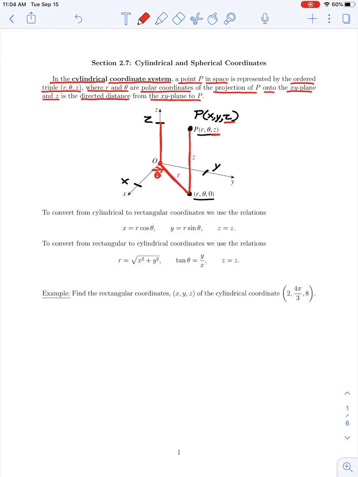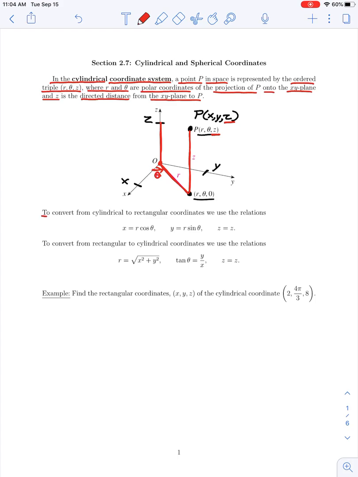What we are interested in doing for points in space is to express them either in terms of rectangular coordinates, x, y, z, or cylindrical coordinates, r, theta, z. It's useful to be able to convert from one representation to the other.